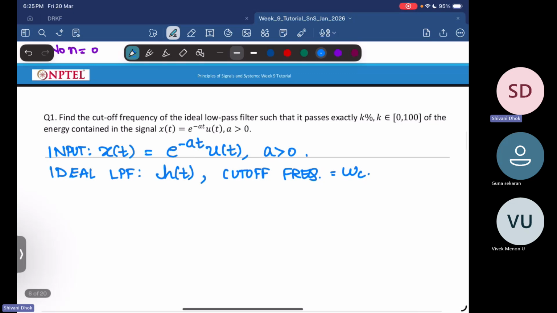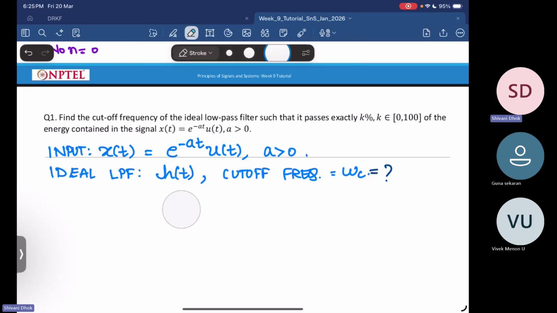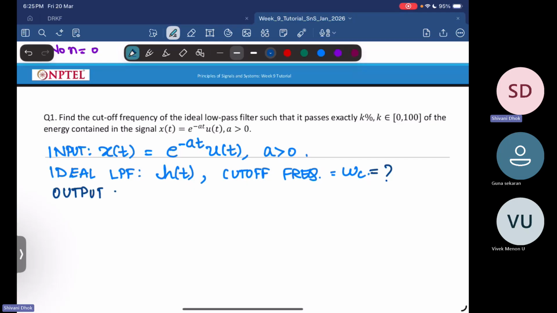We want to find this omega c such that the energy in the output is k% of the energy in x of t. The output will be y of t, which is equal to h of t convolved with x of t.